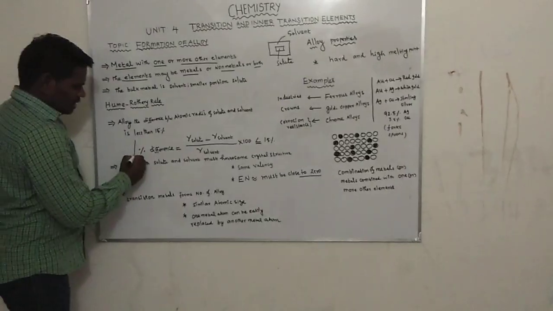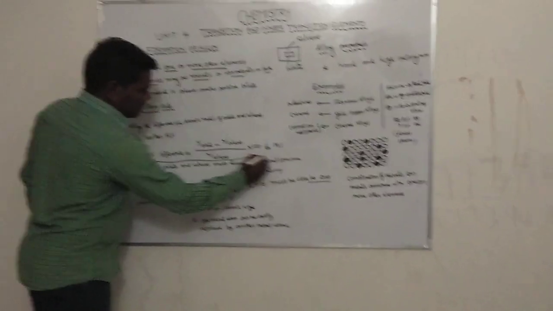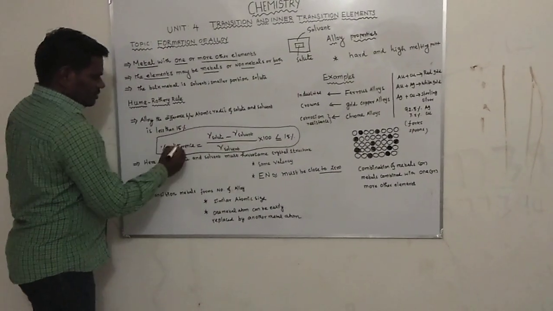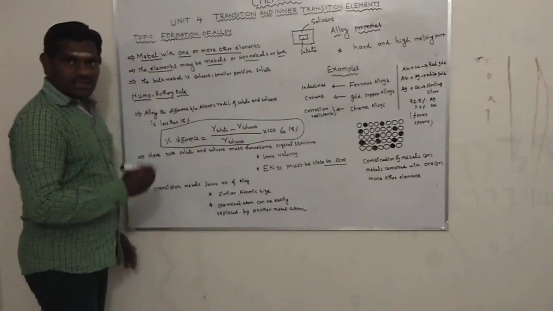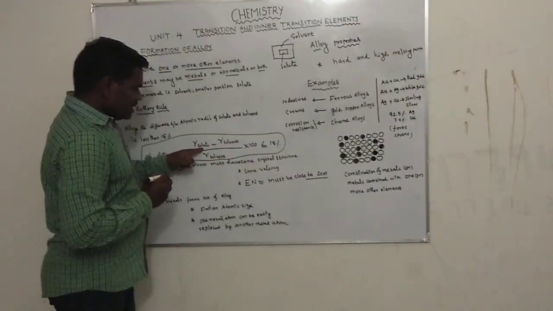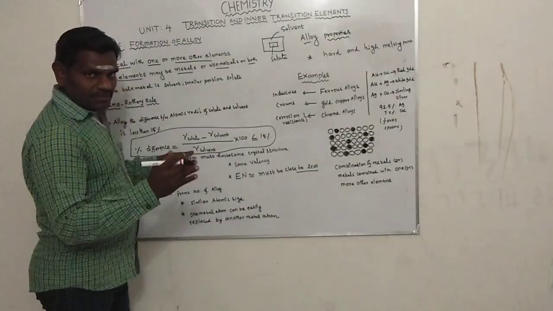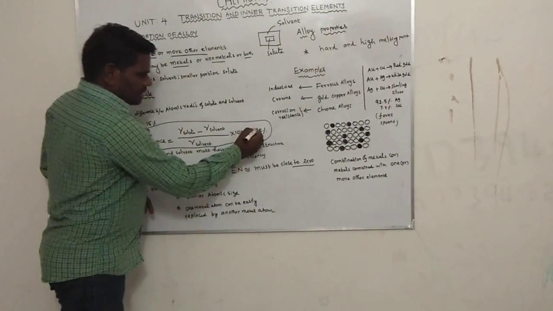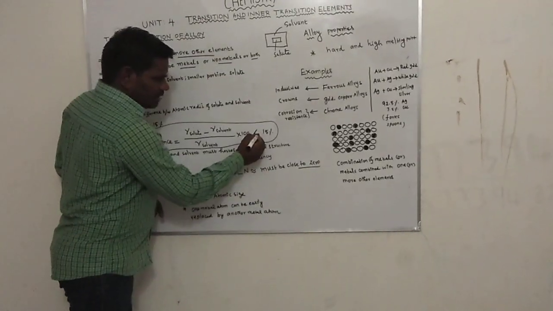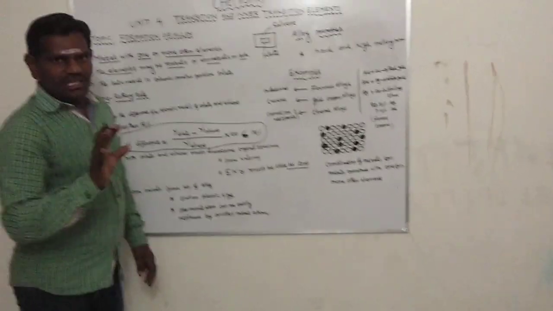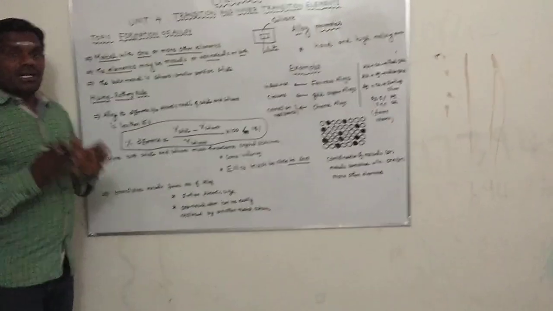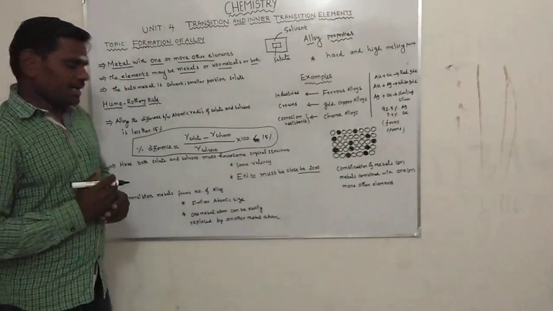The formula used here is: the percentage difference in radius equals the radius of solute minus the radius of solvent, divided by the radius of solvent, into 100. That value is less than or equal to 15%. That is a condition for the formation of an alloy.